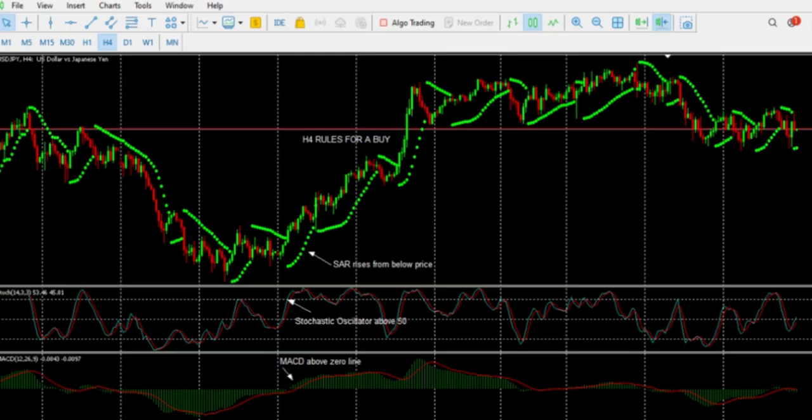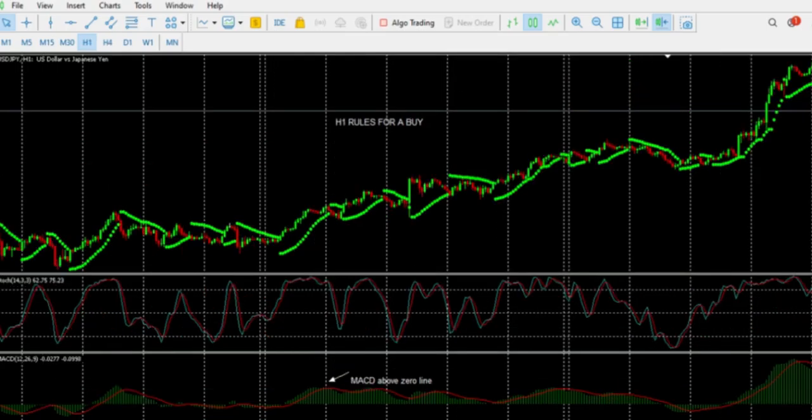And then we move over to the H1 time frame. On the H1 time frame, we ensure that the MACD is also above the zero line. We wait for the stochastic oscillator to drop below level 50, approaching level 20. We ensure that the Parabolic SAR starts indicating sell, which means a pullback or a consolidation.